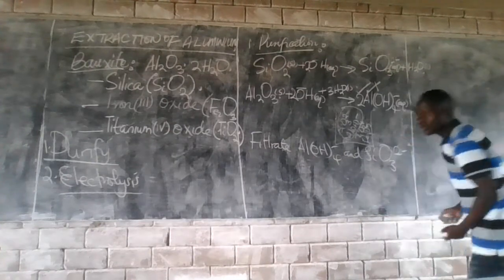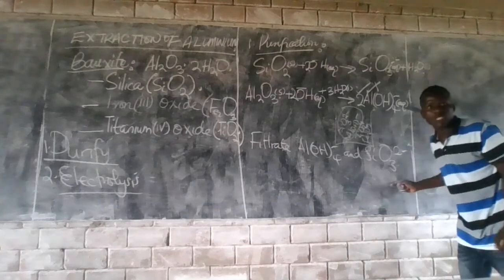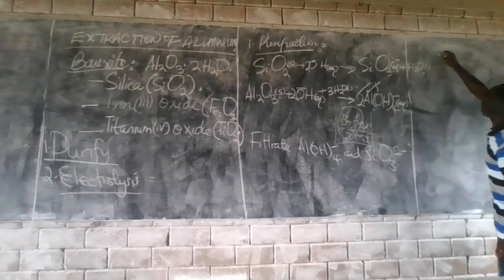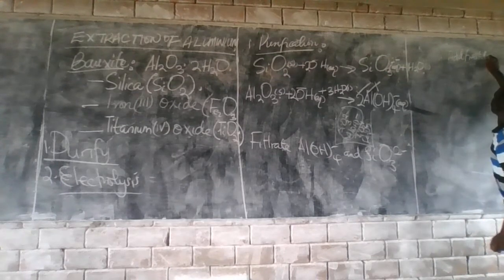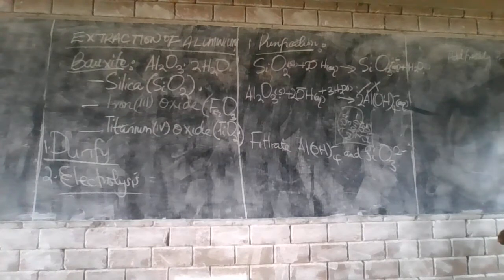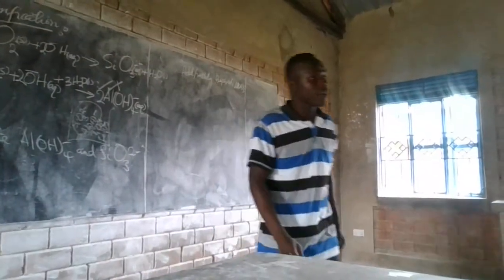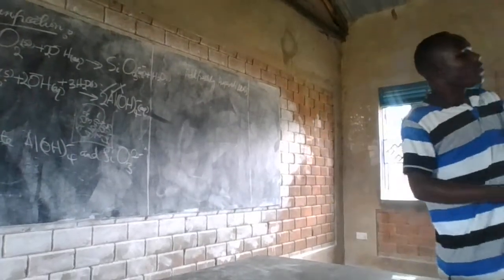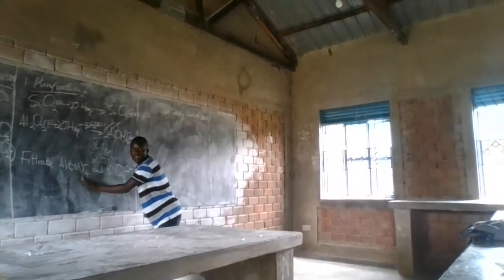When you take the filtrate to the precipitation tank and you want to get aluminium hydroxide from this mixture, number one, you add freshly prepared aluminium hydroxide to precipitate aluminium hydroxide, which is there in the complex.